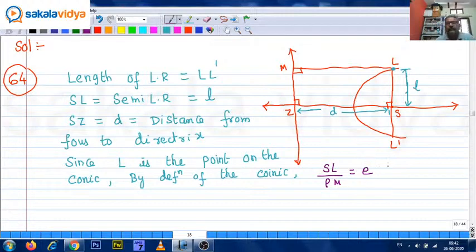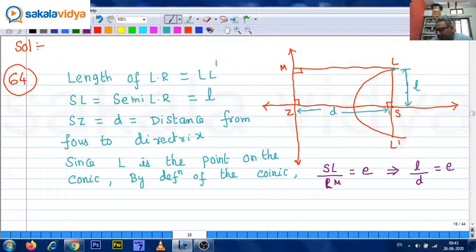So SL equals small l, and LM is nothing but equal to SZ, say D. So L by D equals E. That means the eccentricity of any conic is given by L by D.